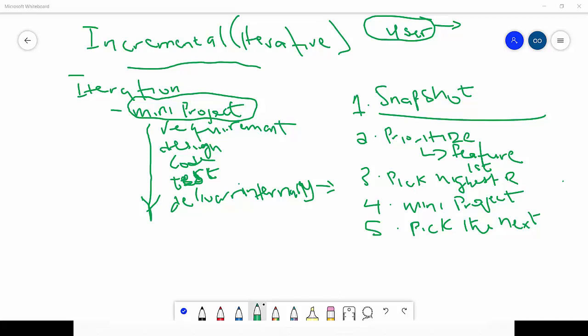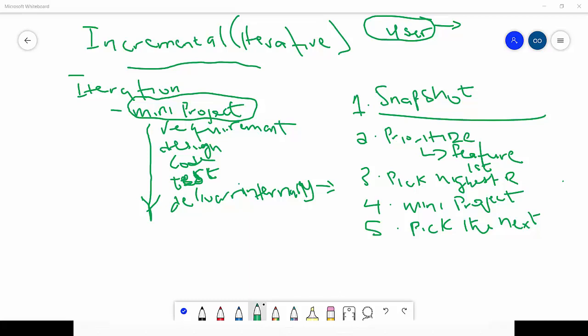Let's go into our iterations, because now we are talking about different iterations. We told our user that we are going to have this particular software in 6 months, but we have decided internally to use an iterative model, an incremental model, and we split it into 4. So we have 4 mini projects in this big project.